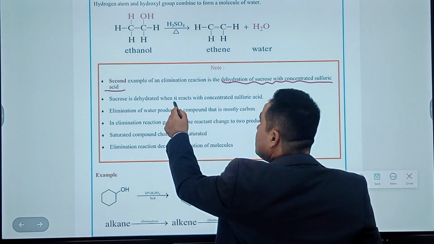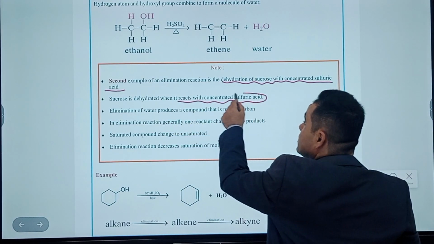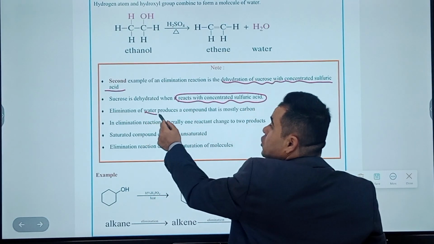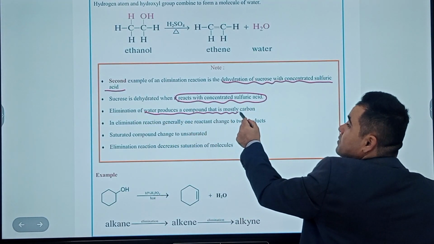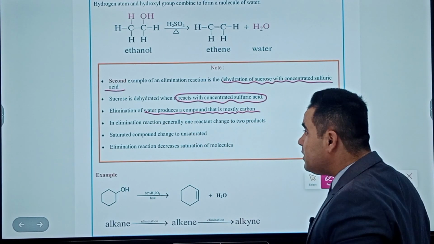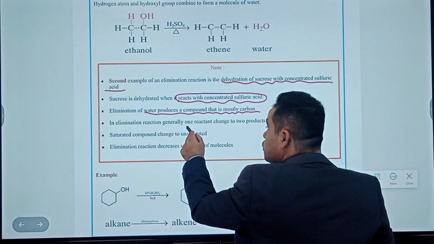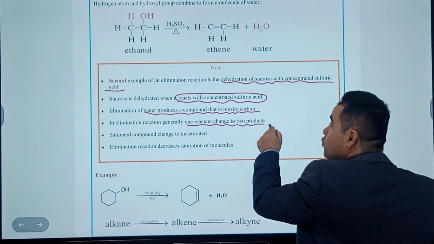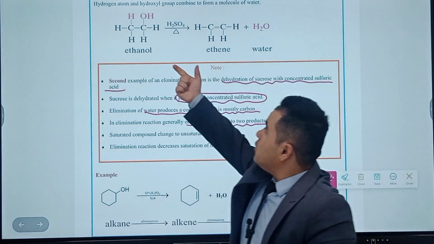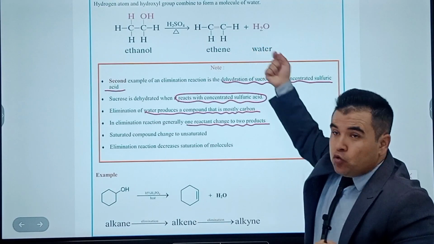The sugar is dehydrated when it reacts with the concentrated sulfuric acid. Elimination of water produces a compound that's mostly carbon. In elimination reaction, generally one reactant changes to two products.